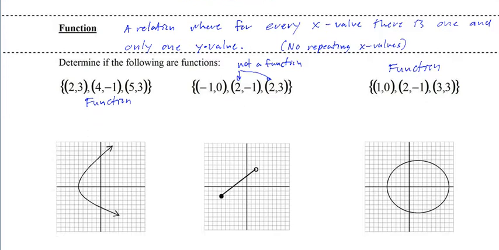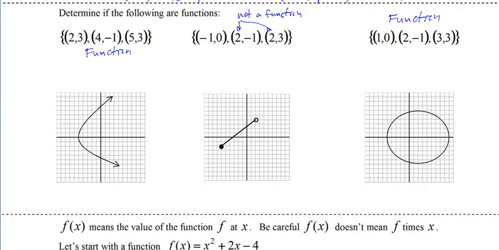Right? So if you look at a graph, the way you can tell is by drawing vertical lines. If you draw a vertical line and that line hits the graph more than once, this is not a function, because what we're getting is that repeating x value. If you find 2 points right there, that point would be -3, 4. And if you follow it straight down, we also have -3, -3.